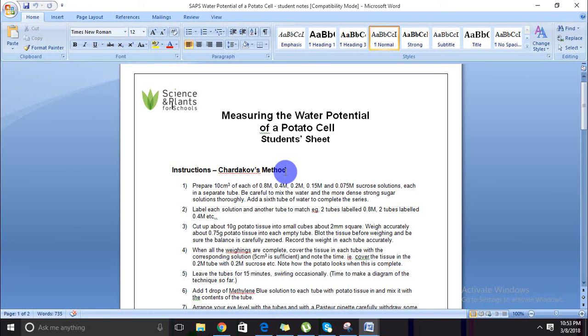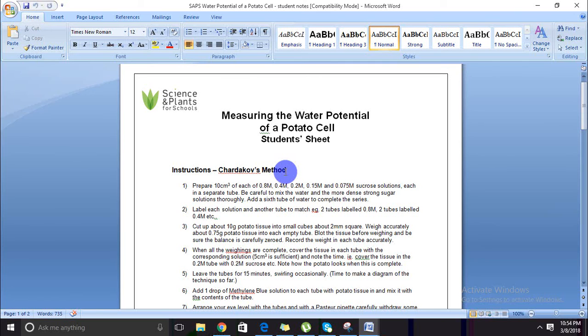Weigh accurately about 0.75 gram of potato tissue into each empty tube. Load the tissue before weighing and be sure that the balance is carefully zeroed, and record the weight in each tube accurately. When all the weighings are complete, cover the tissue in each tube with the corresponding solution.